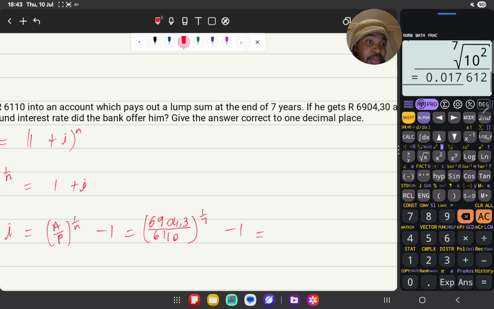So after minusing 1, we are getting 0.0176. So they say round it off to 1 decimal place. Therefore your answer is gonna be 1.8%.